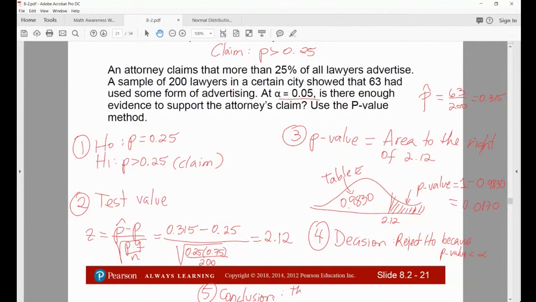So the conclusion is there is enough evidence to support the claim. So we can support the attorney's claim that more than 25% of all lawyers use some form of advertising.